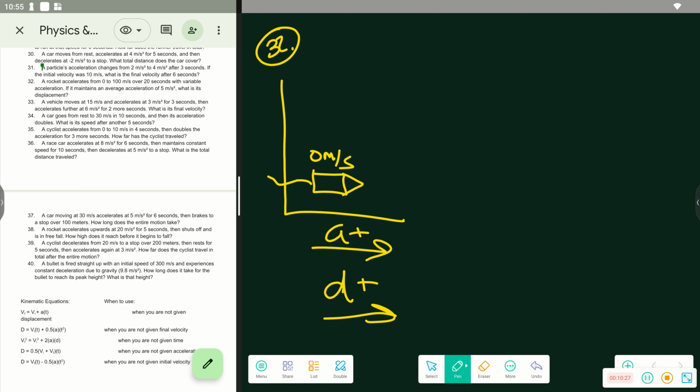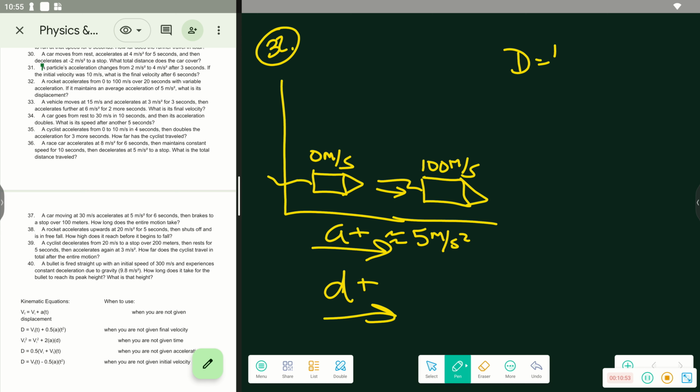And it gets to 100 meters per second. And the average is about 5 meters per second squared, okay? So this really looks like a regular problem, and it is. So how would you solve for this?